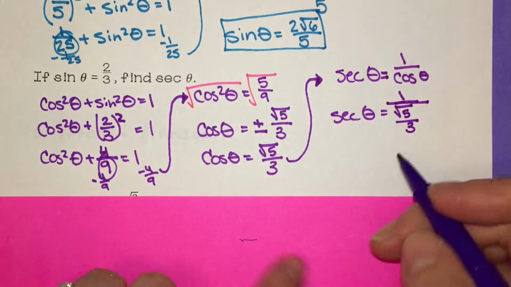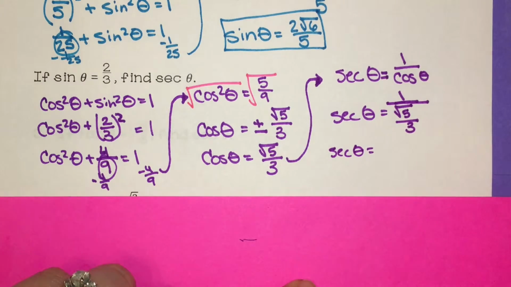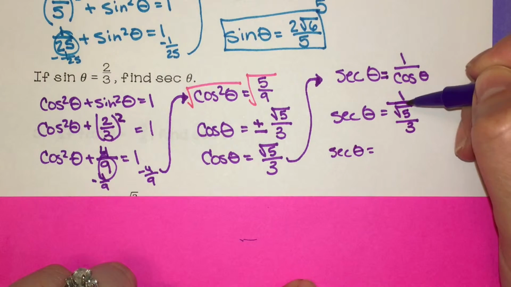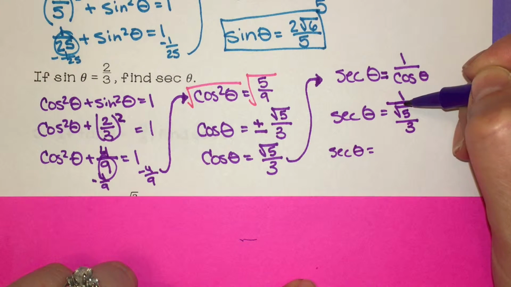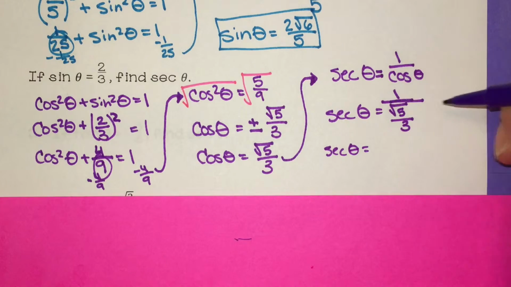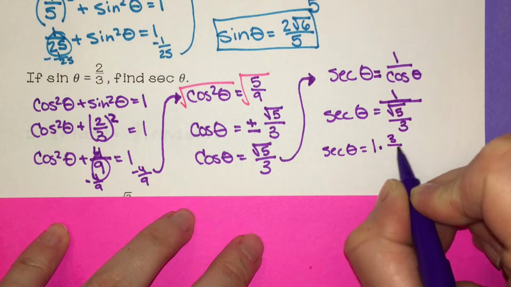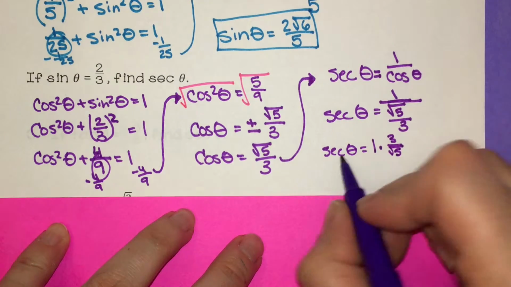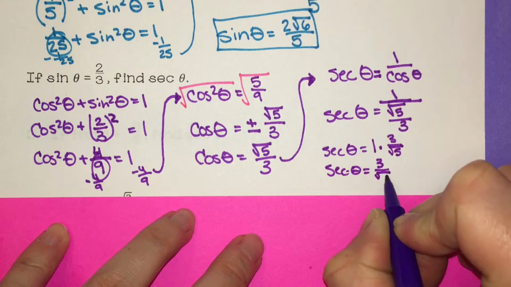So I'm just going to rewrite this. Secant theta equals, you're just going to do keep it, change it, flip it. Keep the one the same, change division to multiplication, flip your second one over and multiply 1 times 3 over square root of 5, which just gives me 3 over square root of 5.